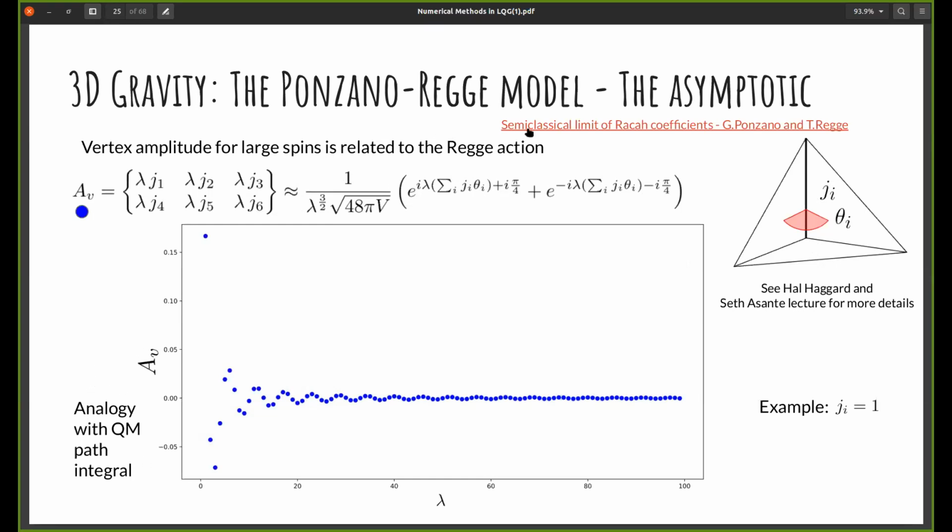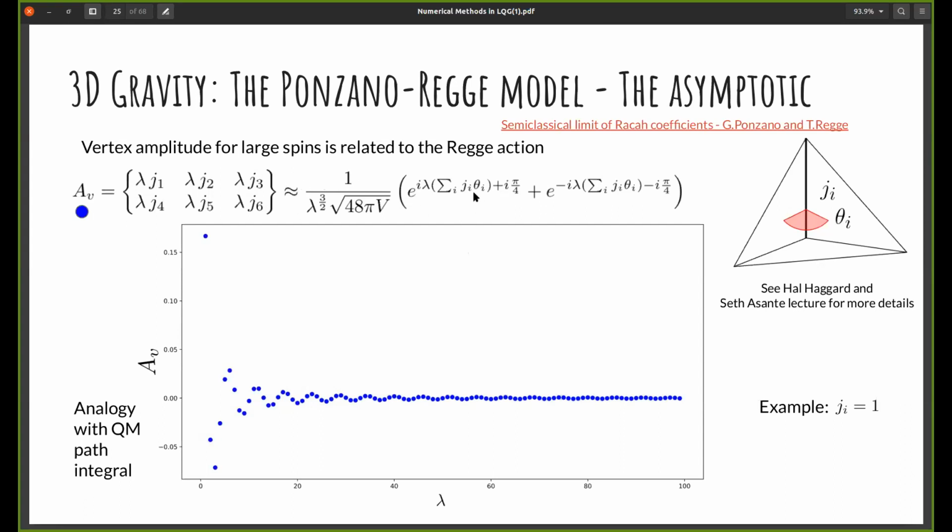This allowed Ponzano and Regge to make a very nice analogy with the path integral for quantum mechanics, saying that, look, my spinfoam model, they were not calling it spinfoam model, but let's use modern language. So the spinfoam model that we just built is such that in the large spin limit, if a classical geometry, so if a classical path compatible with this boundary data exists, here I'm considering just one vertex spinfoam.